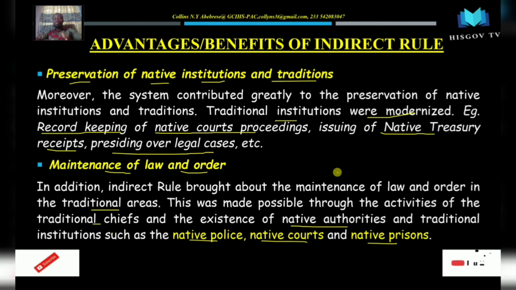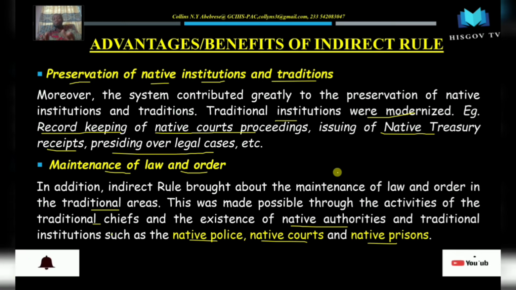So with these native institutions in place as a result of the indirect rule system, what we are seeing here is that with it, these native institutions helped to maintain law and order in the state, whereby nobody could do whatever they liked, because there was a law that could catch up with you.